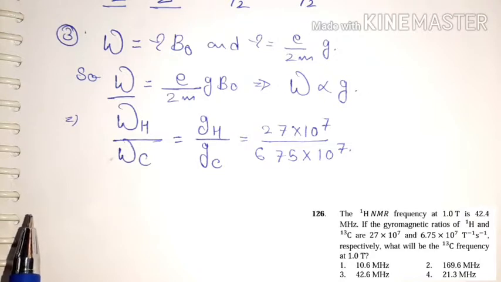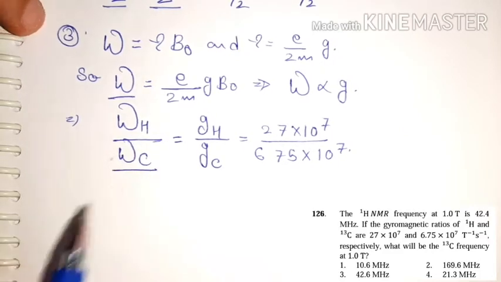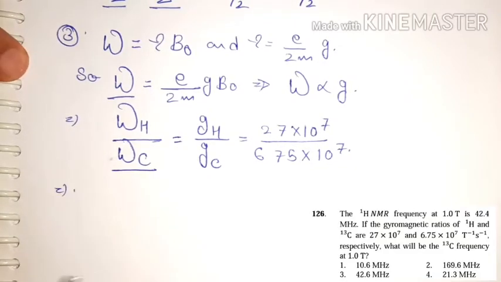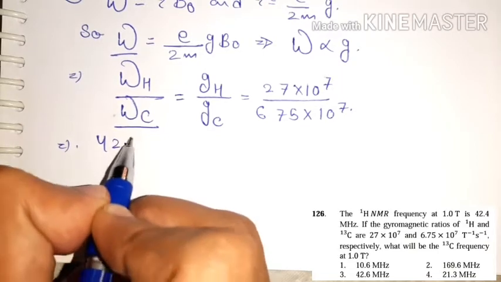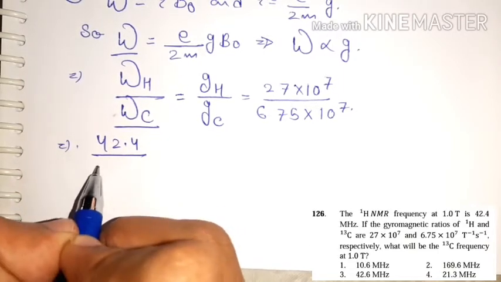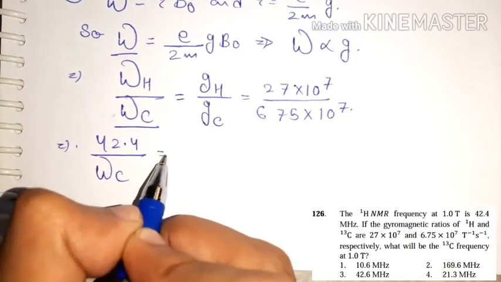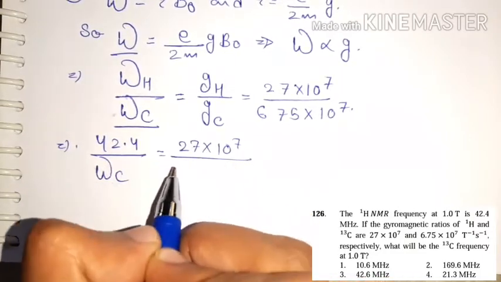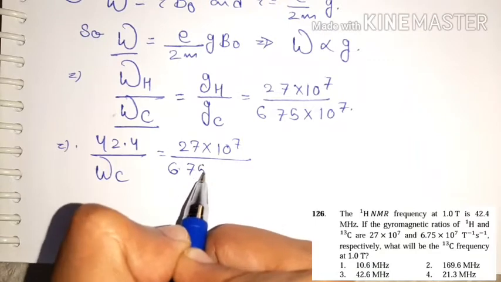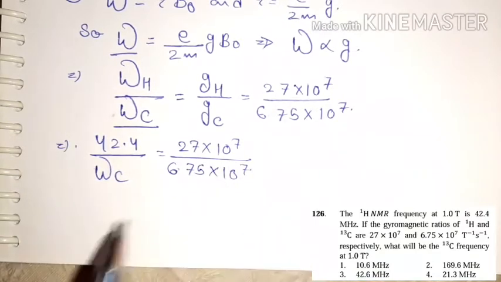According to your question, the frequency of hydrogen is 42.4 megahertz, and we must find the frequency of carbon. So the frequency of hydrogen, 42.4, upon the frequency of carbon is 27 multiplied by 10 to the power 7 upon 6.75 multiplied by 10 to the power 7.